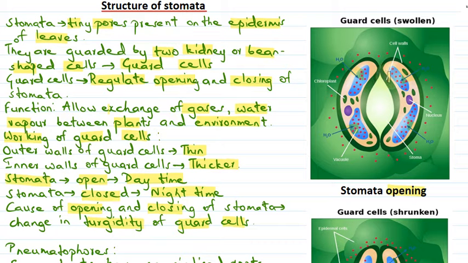Due to this, the outer walls of the guard cells swell up or bulge outwards. Because of this bulging, the inner walls are drawn apart from each other, creating a space that leads to the opening of stomata.